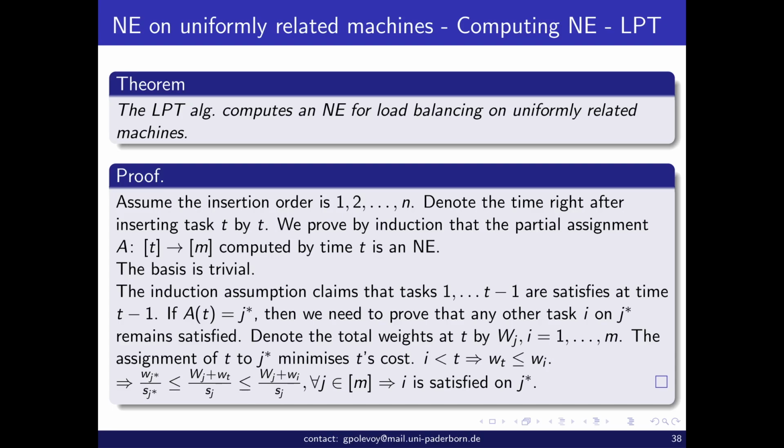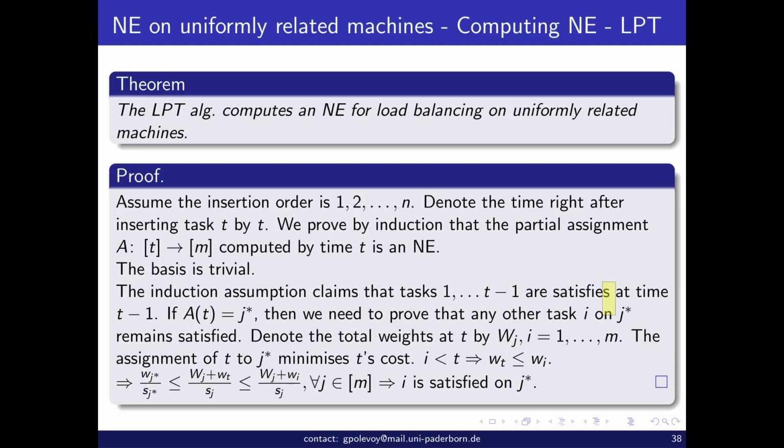The induction assumption claims the tasks 1 till t minus 1 are satisfied at time t minus 1. That's the assumption we have. Now we take a new task, t, which goes at time t to machine j star.